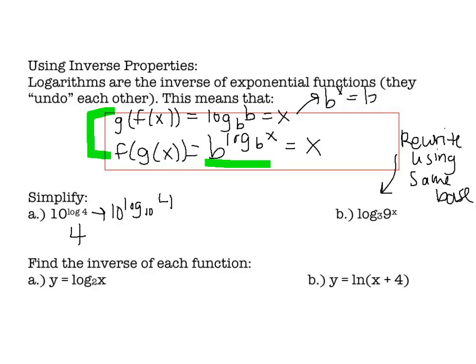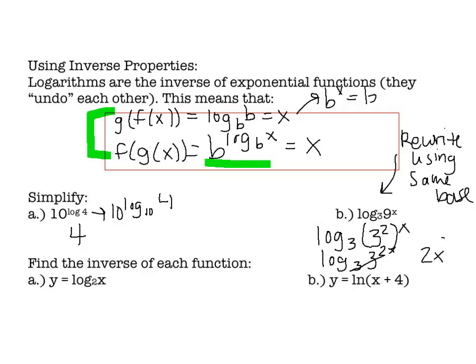But what I can do is rewrite this as log base 3, and instead of 9, I'm going to write 3 squared, and I still have this x. And then I can rewrite that as log base 3 of 3 to the 2x power. And now I'm able to simplify, and this would just be equal to 2x.